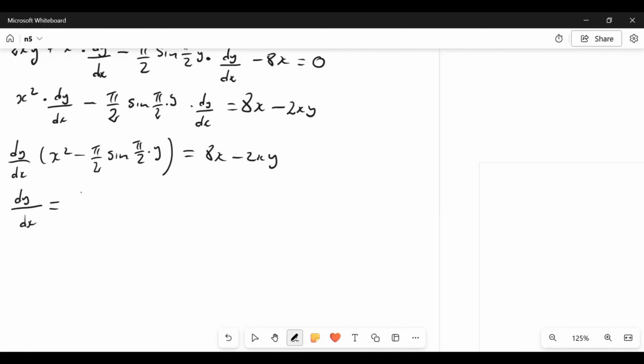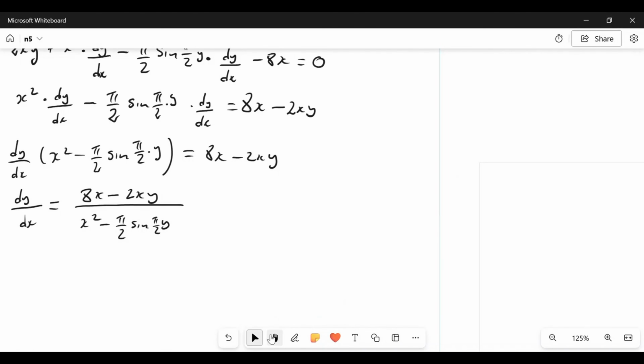On the right hand side, we're going to have 8x minus 2xy divided by x squared minus pi over 2 sine(pi over 2y). So this here is our answer for question 2.3.1. So we are done with this one.